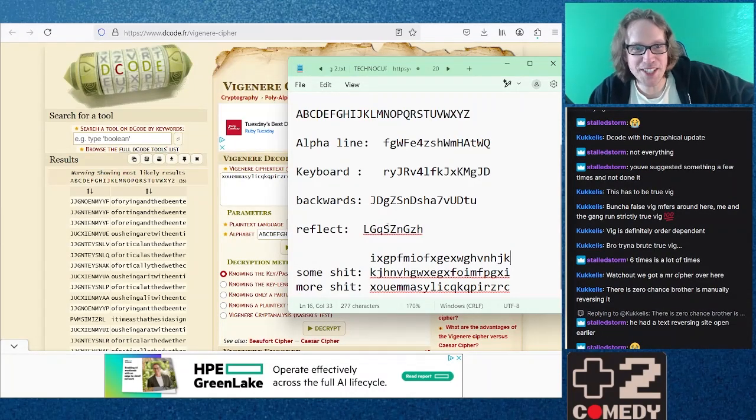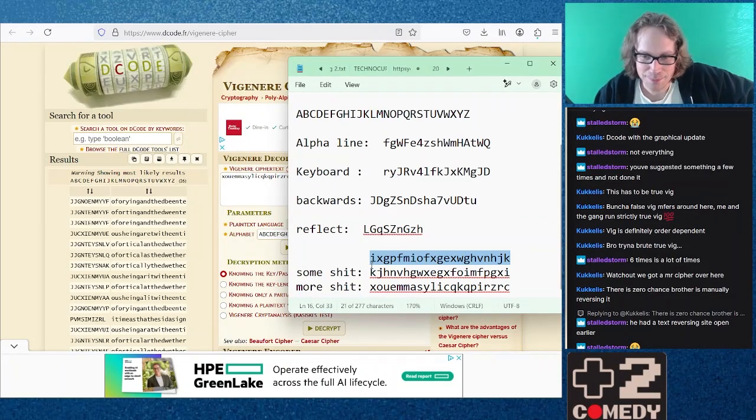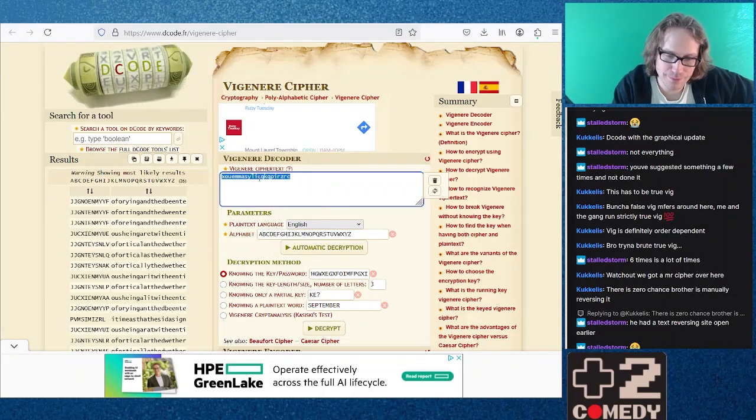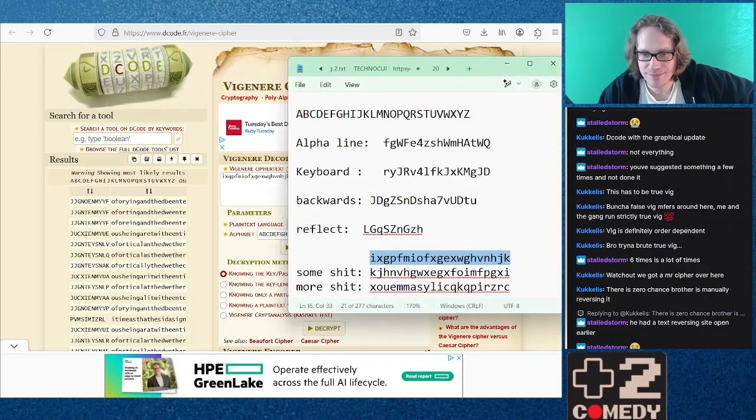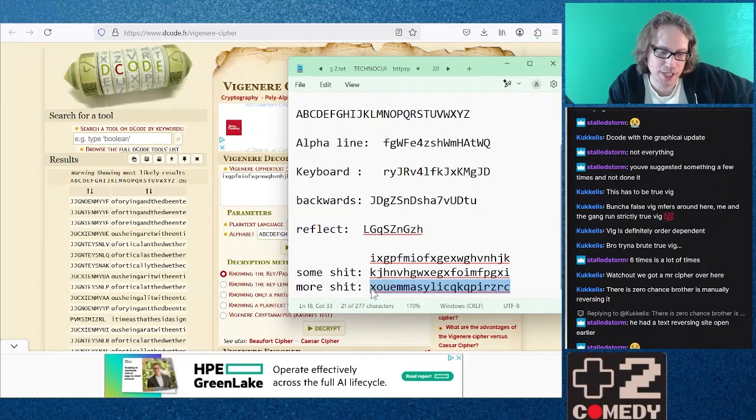That's a reflecting site! Boom. And then I'll take more of this as the password to make this true Visioneer cipher.